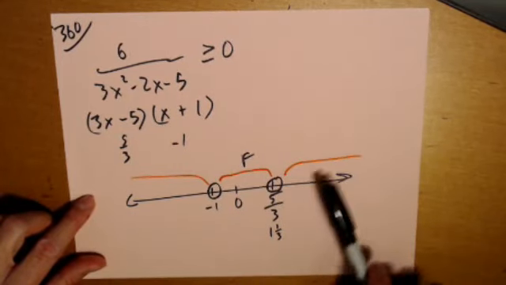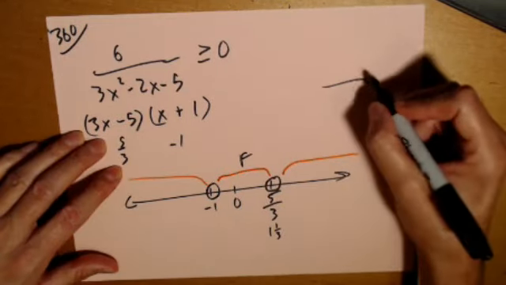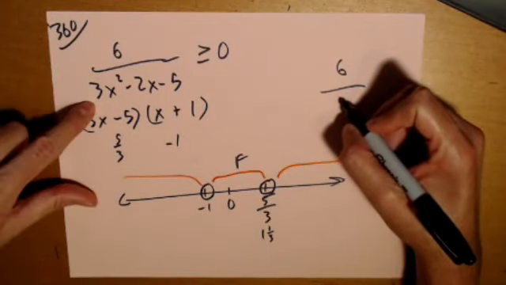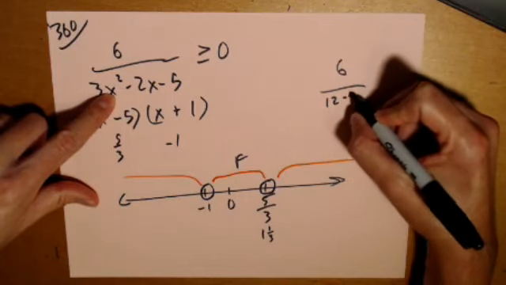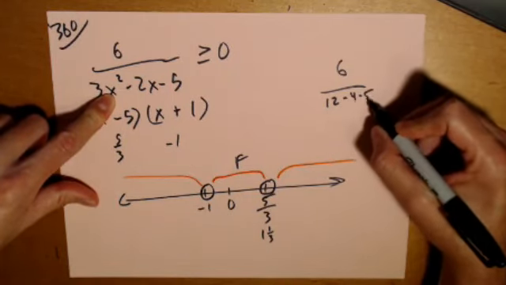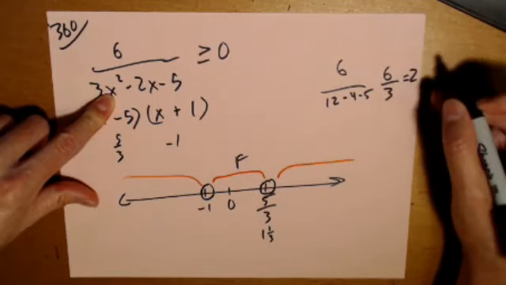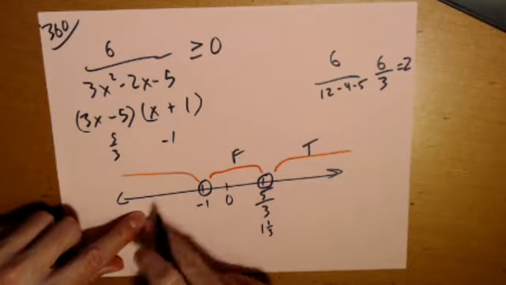Let's plug in a number over here. That's 1 1/3, so we can plug in 2. You get 6 on top, obviously. And then 3 times 2 squared, 3 times 4 is 12, minus 4 minus 5. That's 3, so it's 6 over 3, which is 2, which is positive, which is greater than 0. True. Let's try negative 2.